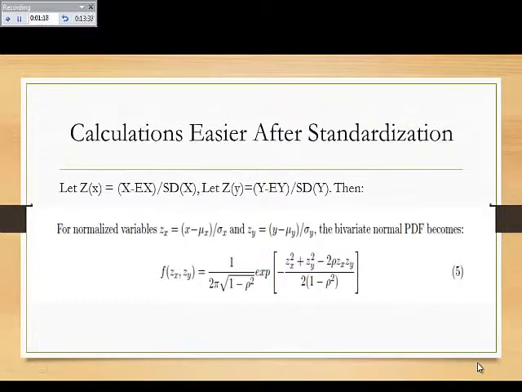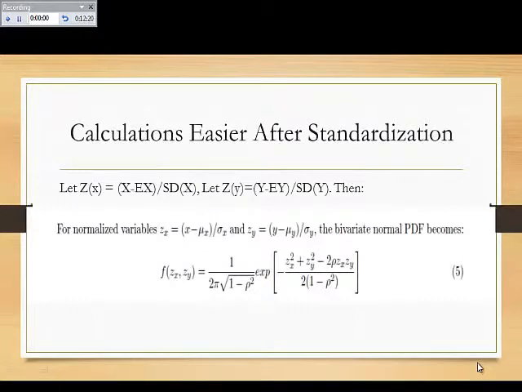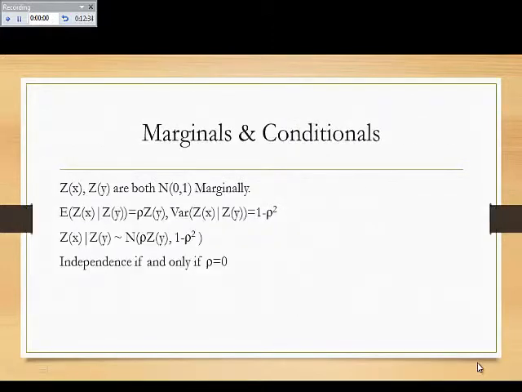So this is the joint bivariate normal density for standardized variables. Again, if you start with this density, you can integrate out zx to get the marginal of y, integrate out y to get the marginal of x, and also calculate the two conditional densities. And here they have much easier forms.